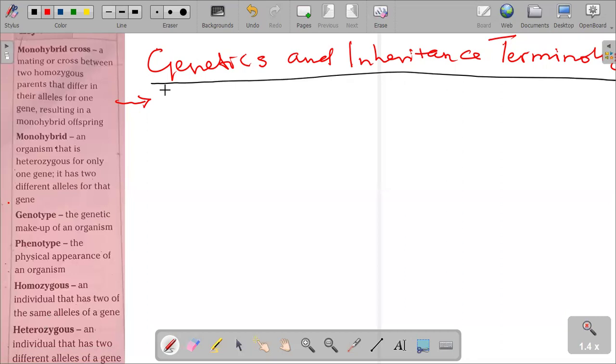In this case, we have a tall pea plant that is crossed against a dwarf, which is a short pea plant. These two parents are homozygous.